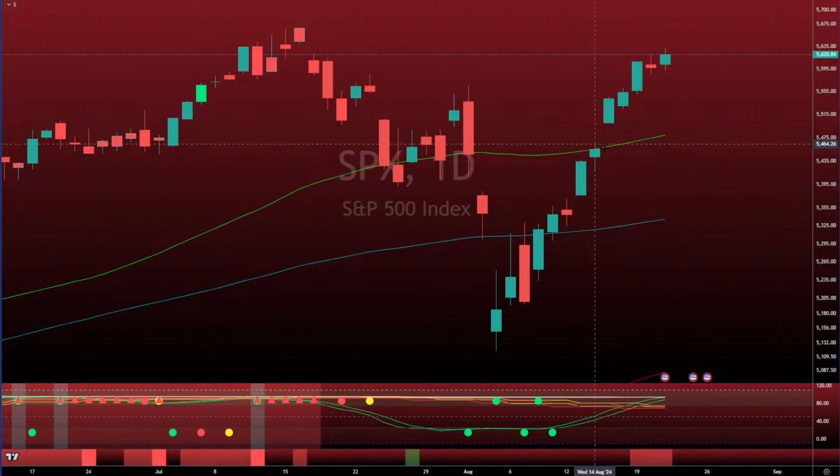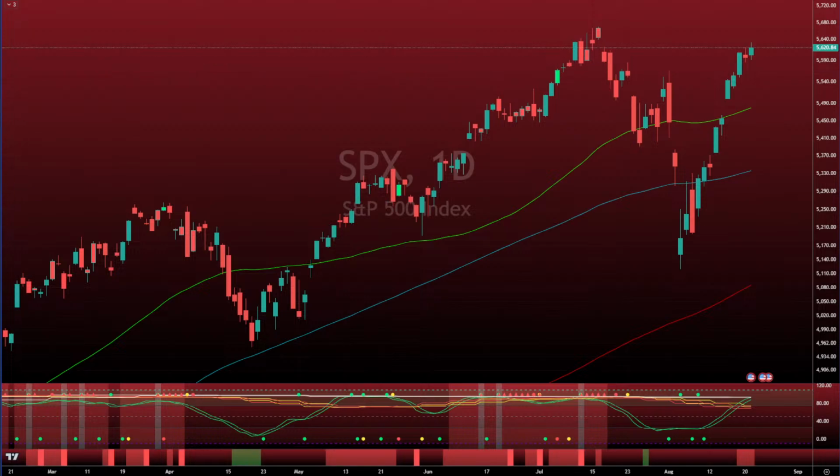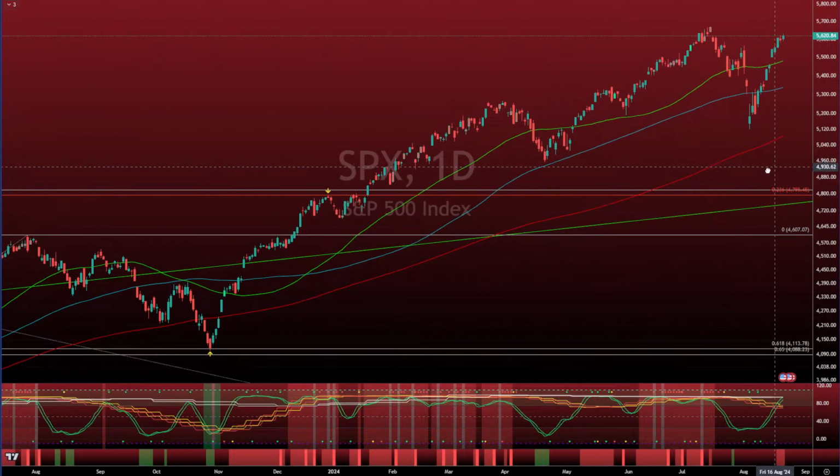So that was your key at the time, areas where we had prior support, and then we moved right up into resistance, but then we pushed right through that resistance. That was a very bullish move, and we have seen continuation off of that. So the likelihood that we do continue moving higher, it's really pretty good.